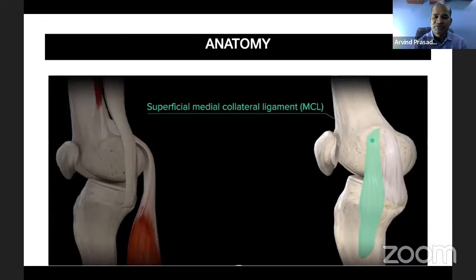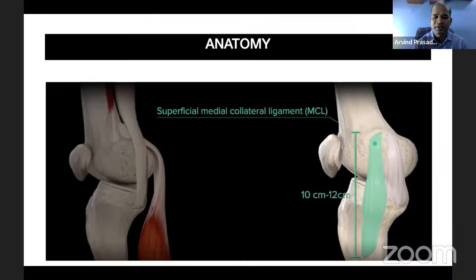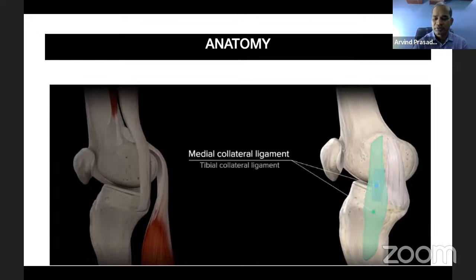So we'll start with the superficial MCL. This superficial MCL is around 10 to 12 centimeter in length. Deeper to that, there is the deep MCL, that is the deep medial collateral ligament, and both superficial and deep are called the medial collateral ligament.